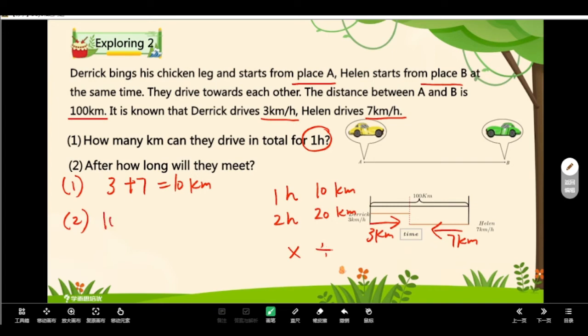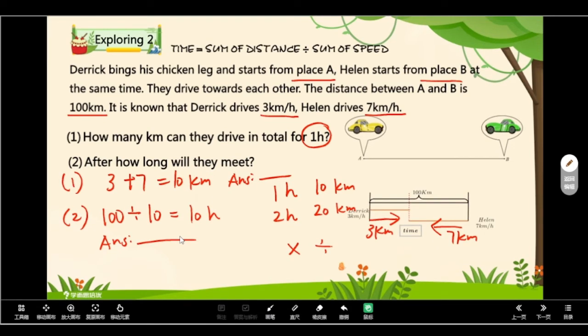We can use 100 divided by 10, and get our answer is 10 hours. Very good. For the word problems, don't forget to always add your answer below to get full marks. And we always need to remember our units.